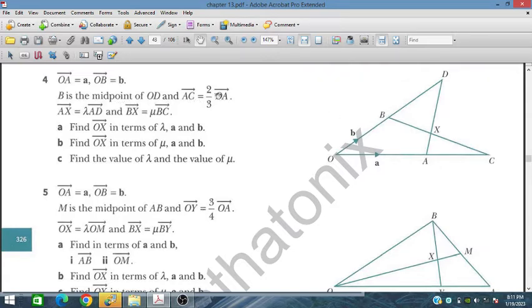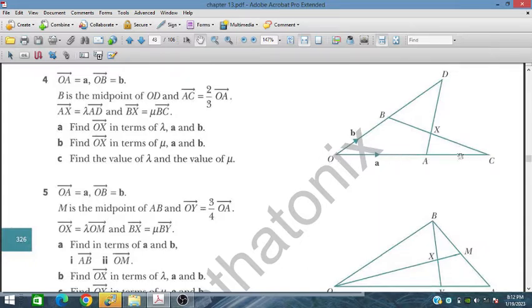And AC is equal to 2/3 of OA. This AC is 2/3 of this OA.